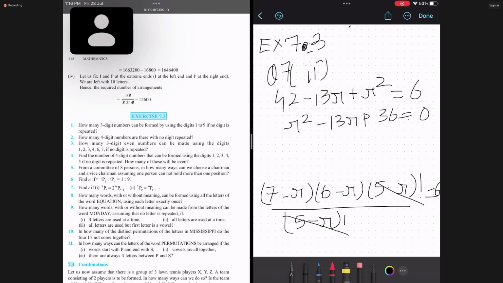So 9 into 4 equals 36 and 9 plus 4 equals 13. That's how you actually factorize these equations. You just take the factors into consideration in your head, and it will be very easy if you do that once. You don't even have to write anything. So 9 and 4 are my factors.